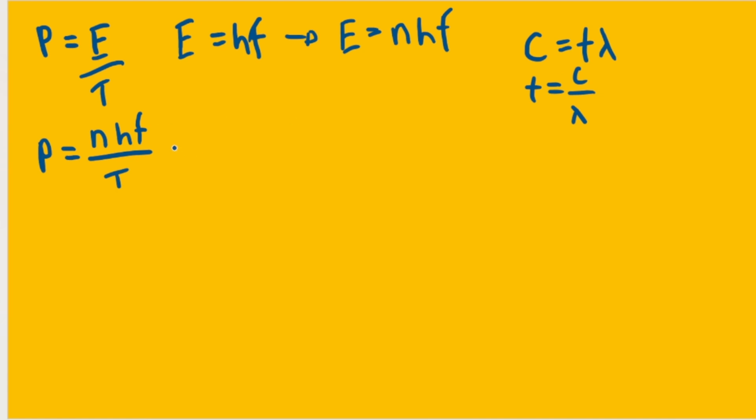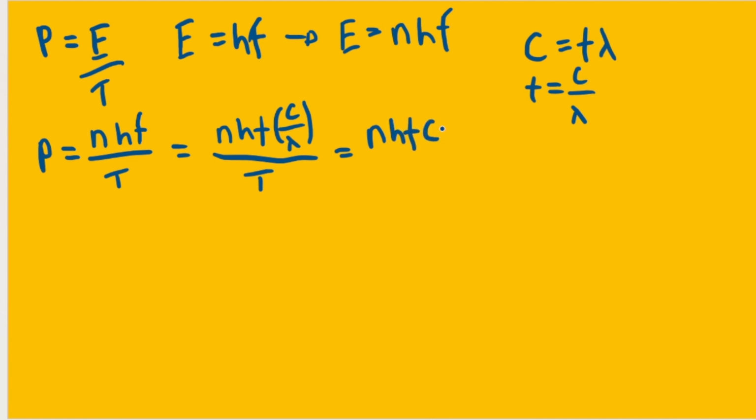So this is going to be the number of photons times Planck's constant times c over lambda, divided by time. And we can simplify that to be the number of photons times Planck's constant times the speed of light.